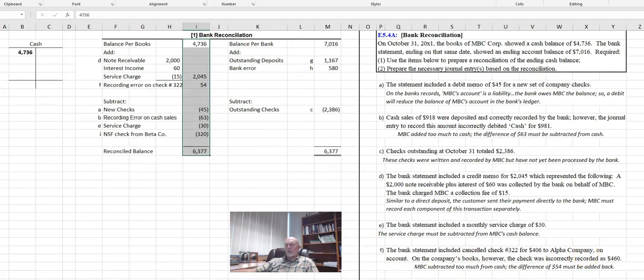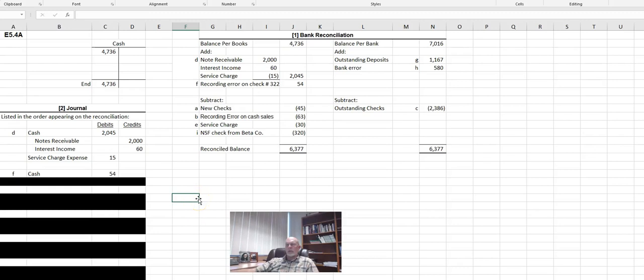And so when we recorded that, apparently we not only took too much out of cash, but we reduced the accounts payable by too much. And so we need to add that back. So we'll credit the accounts payable for $54. That's kind of a weird looking entry, debiting cash and crediting accounts payable. But remember, all we're doing is correcting an error that had already been recorded.